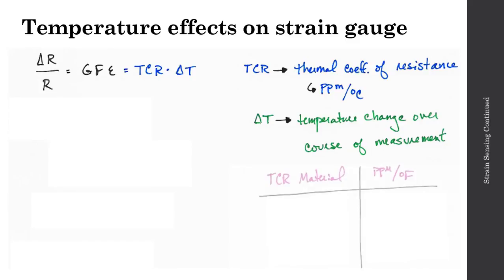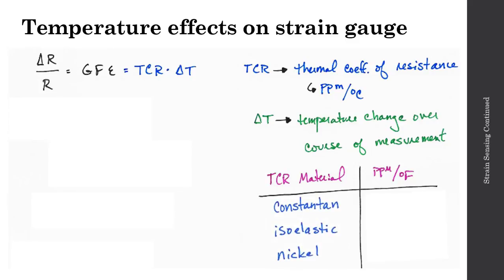Here are a few example TCRs based on the material. You can look up from a data sheet, let's say, the parts per million per degrees Fahrenheit spec. Constantan is one of the more common materials that strain gauges are going to be constructed from. That has a relatively small TCR, only about 6 parts per million per degree Fahrenheit. Compare this TCR to the TCR for an isoelastic material.